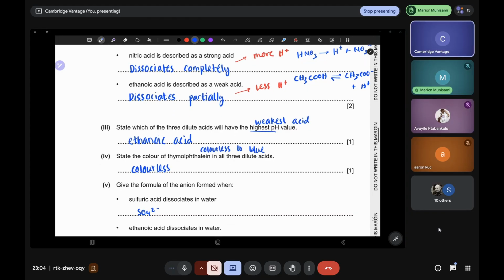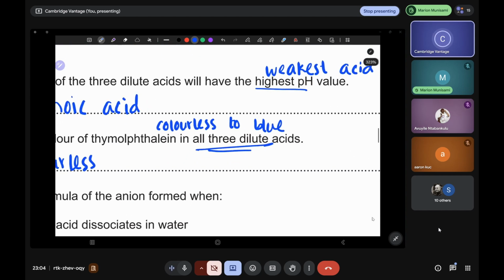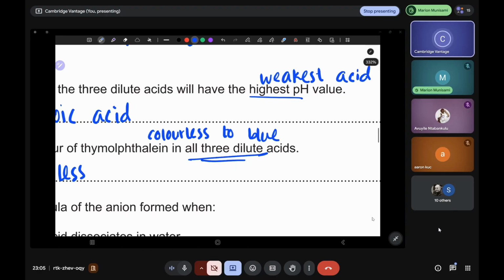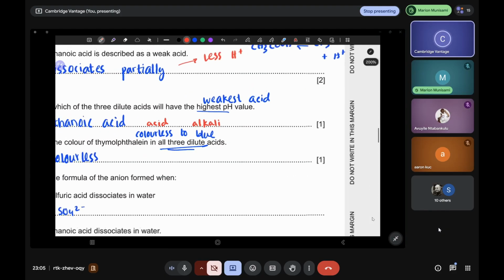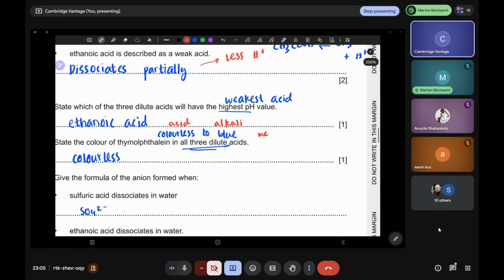And then number 4, state the color of thymolphthalein in all 3 dilute acids. The color for thymolphthalein goes from colorless to blue. It's colorless in acid and it's blue in alkalis. And this is important for you guys to remember. In your syllabus there are 3 main indicators that you have to really know: methyl orange, thymolphthalein as already stated, and phenolphthalein.